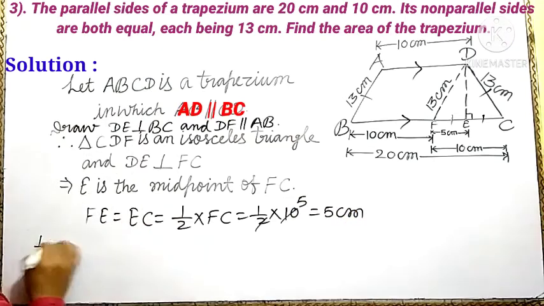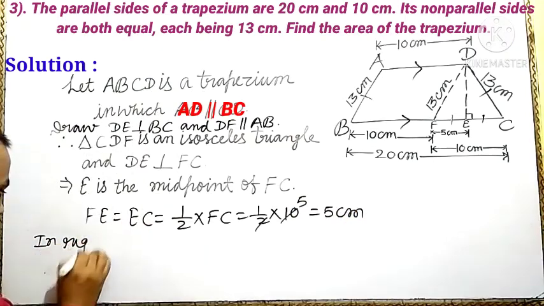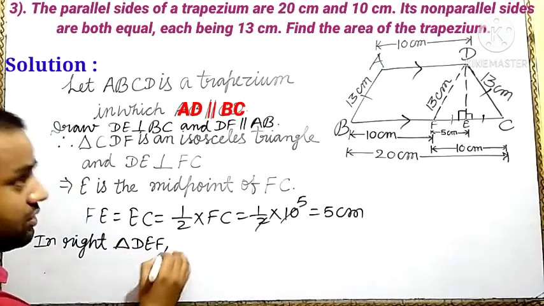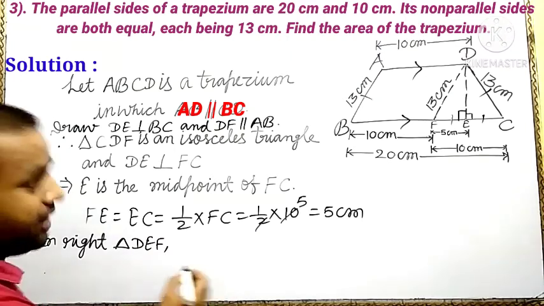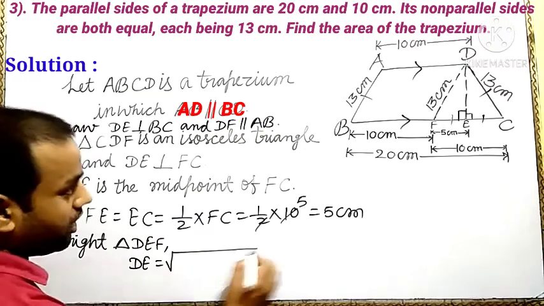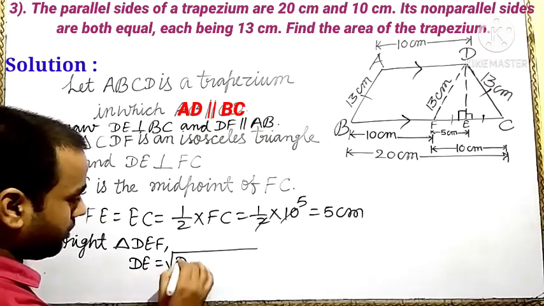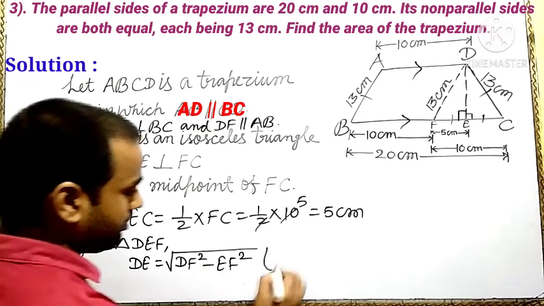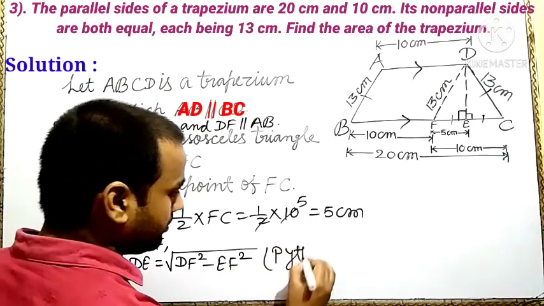So here in right triangle DEF, we find here DE is equal to square root of DF square minus EF square by Pythagoras theorem.